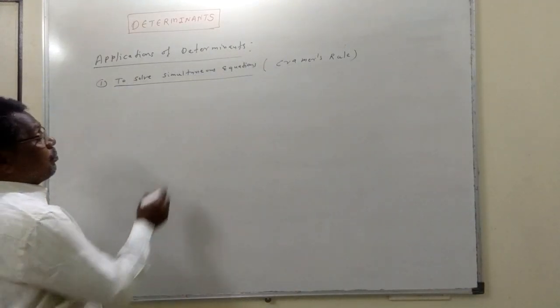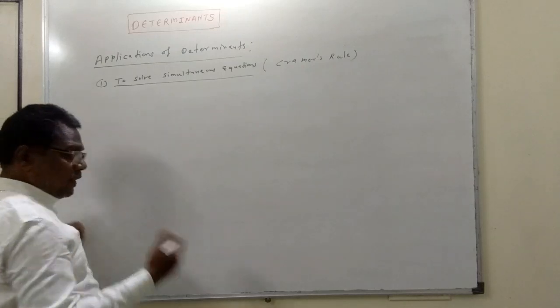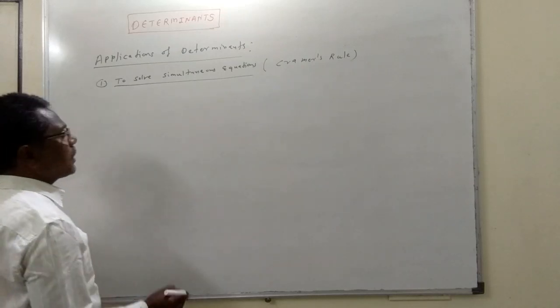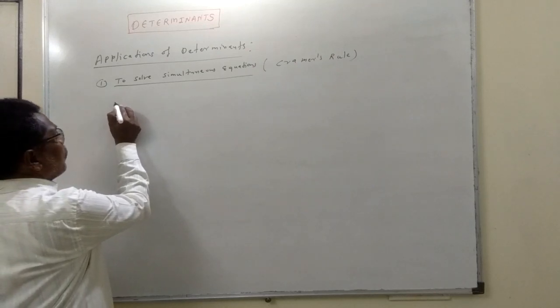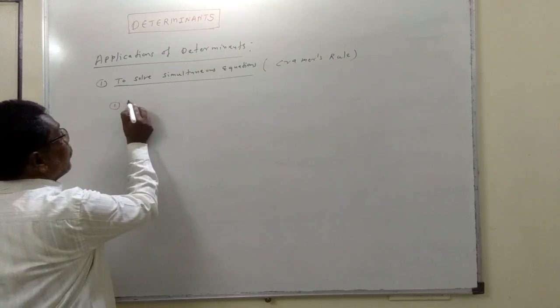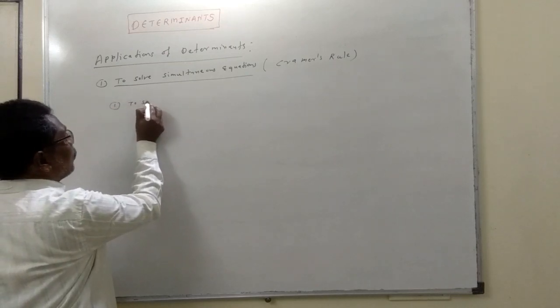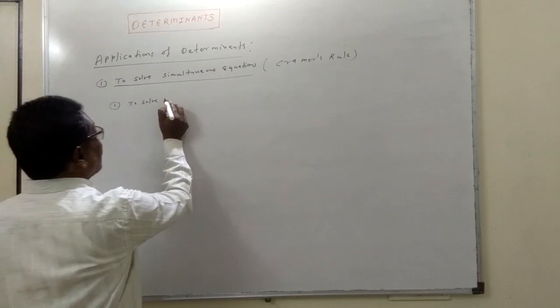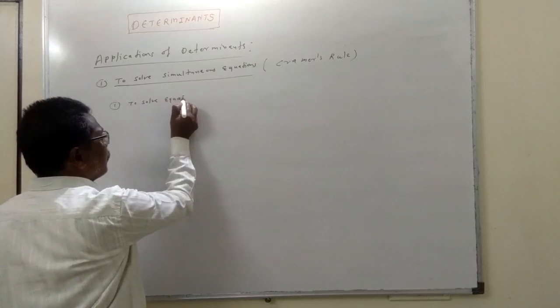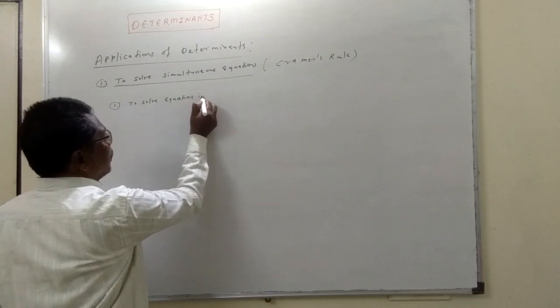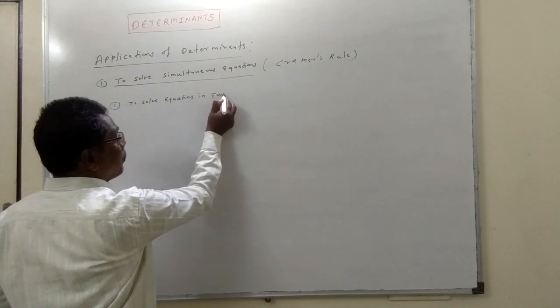First of all, we will see how Cramer's rule is applied for 2 variables and then for 3 variables. So first, to solve equations in 2 variables.